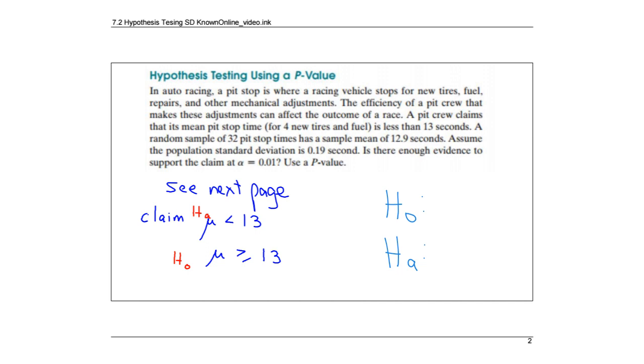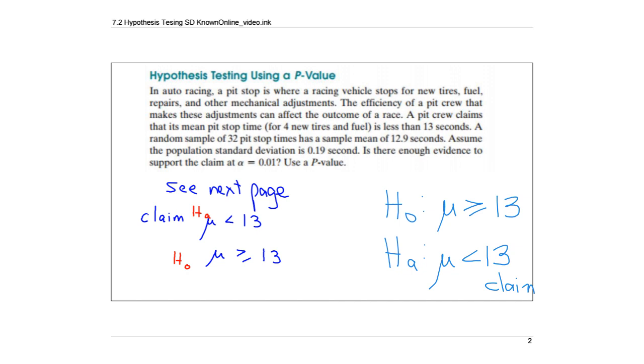Since it's less than, we have to put it in the alternative. Remember, the equal to has to be in the null. So my claim is going to go in the alternative. I've got that my mean is less than 13, and here I have a mean of greater than or equal to 13. Those have to be complements.